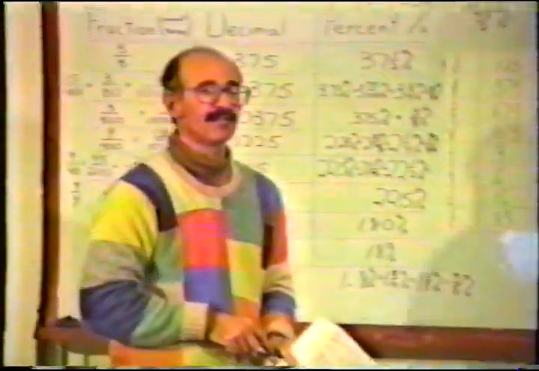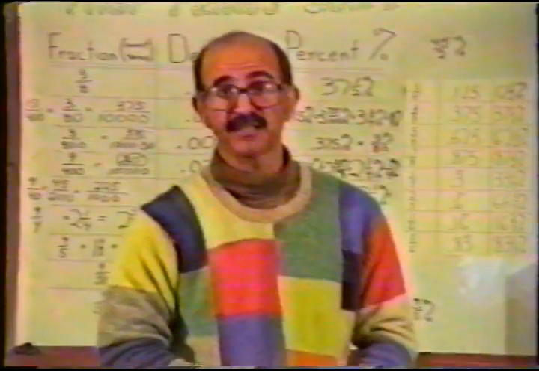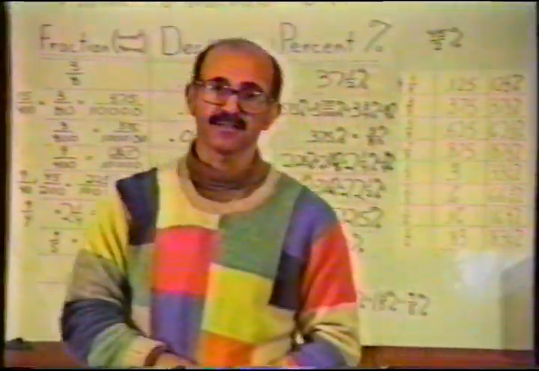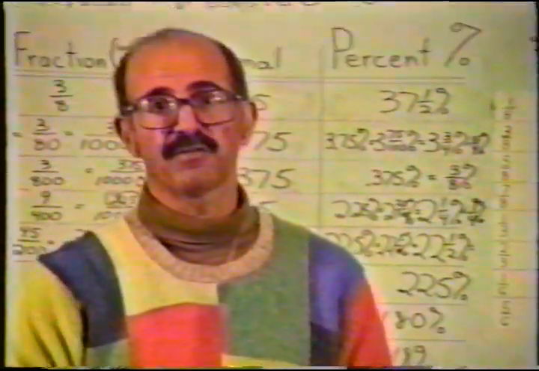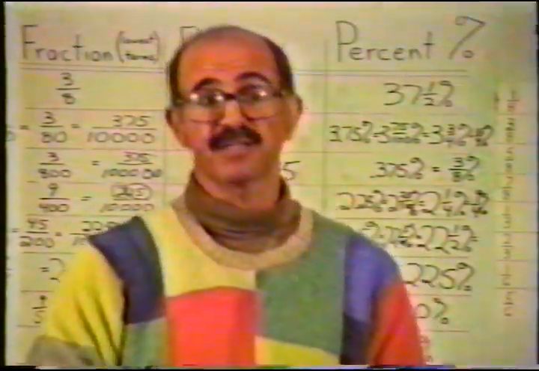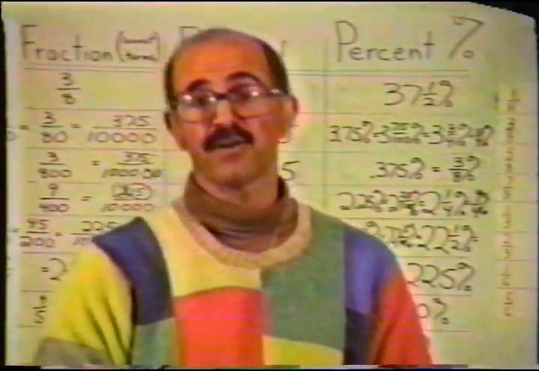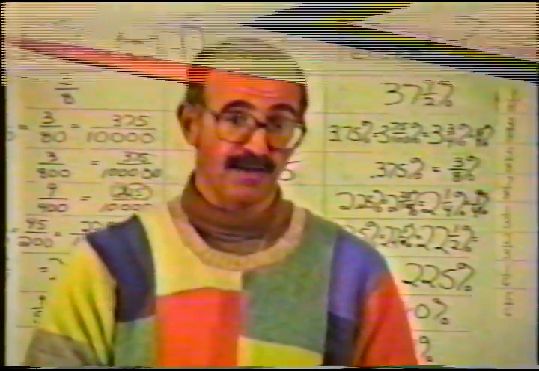So these are a little bit of special tricks when dealing with fractions and decimals and percents so that you can just manipulate them and convert them from one to another. Most of the time you will not have conversions and manipulations that are this difficult, but I thought that some of you would like to see them and have some fun with them.